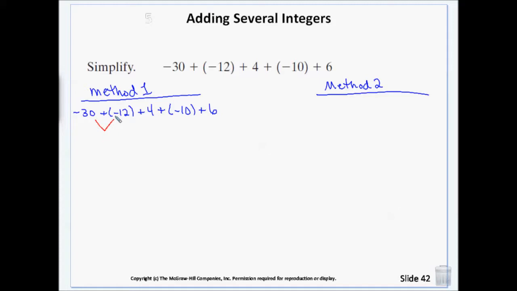So -30 plus -12, they're both negative. So I'm going to add those together and I'm going to give -42. And so far nothing else has changed. -42 plus 4. Different signs, so I'm going to subtract. 42 minus 4 is 38, and it's going to be -38.